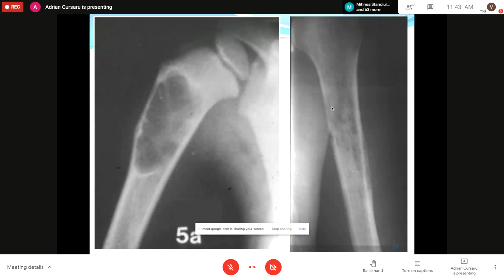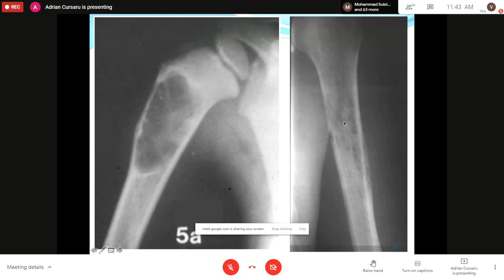That's an example of a benign tumor compared to a malignant one. You can see a very good demarcation. The periosteum is normal, not interrupted. It is like a cyst. It is a very good demarcation between the normal bone and the affected bone.